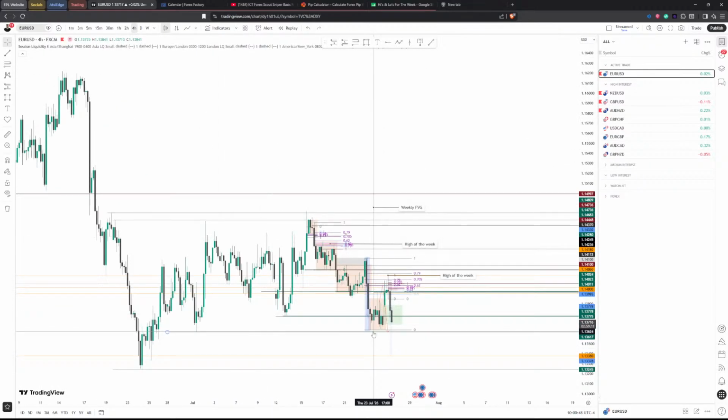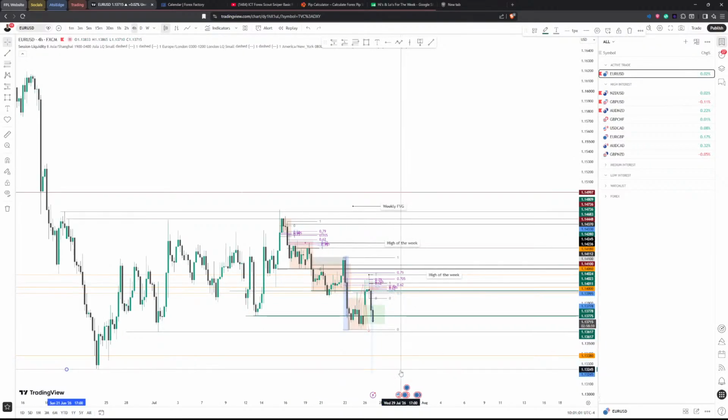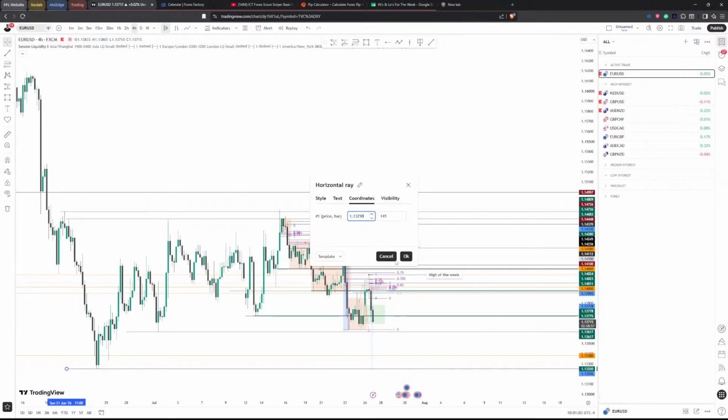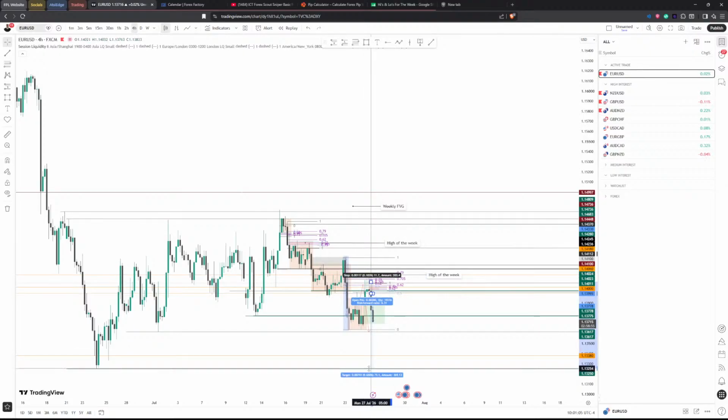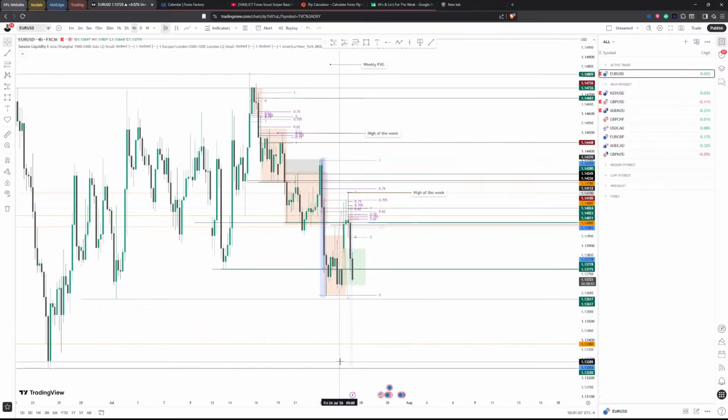To be fair, I probably wouldn't hold it this far because we do have this liquidity. If I'm going to let it go to this 1.8 level, or if I want to target proper liquidity at this 1.3245 level, which I'm actually going to push up to 0.5 because that's more institutional like, I will then take partials for sure over here.